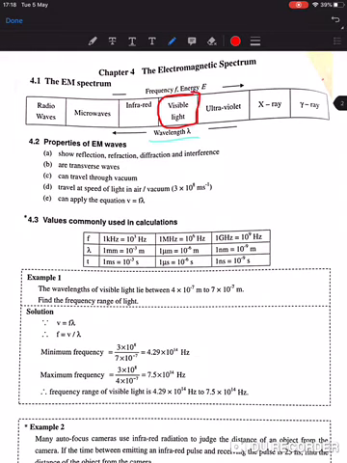But outside of it, we've got all kinds of different things. We've got infrared, microwave. On the other side, you've got the UV, A, B, C, and then you've got the X-ray and the gamma ray. The last one here is called gamma ray, and those are the cosmic waves.